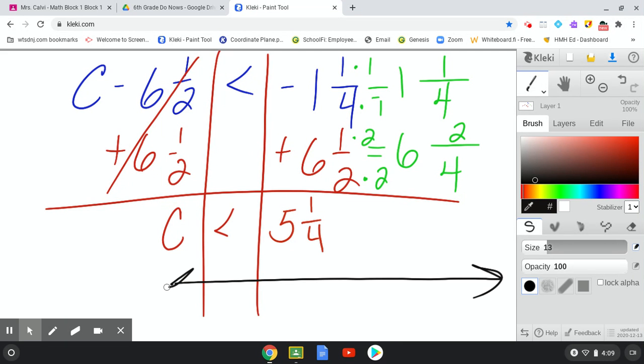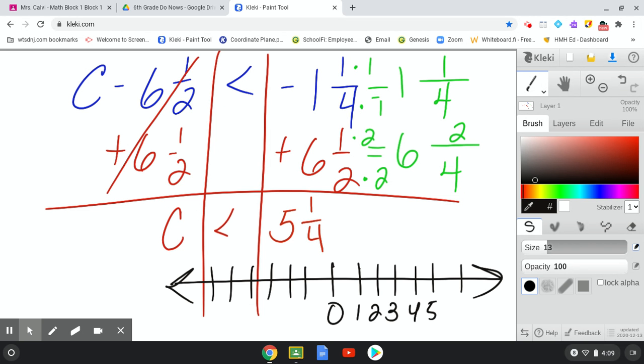So step 1, make sure my variable is on the left side, which it is. Okay, so my 0 is here. 1, 2, 3, 4, 5, 6. Now, 5 1/4 is less than 5 1/2. So I'm going to mark my half spot, and I know my fourth is going to be right in between here. Okay.